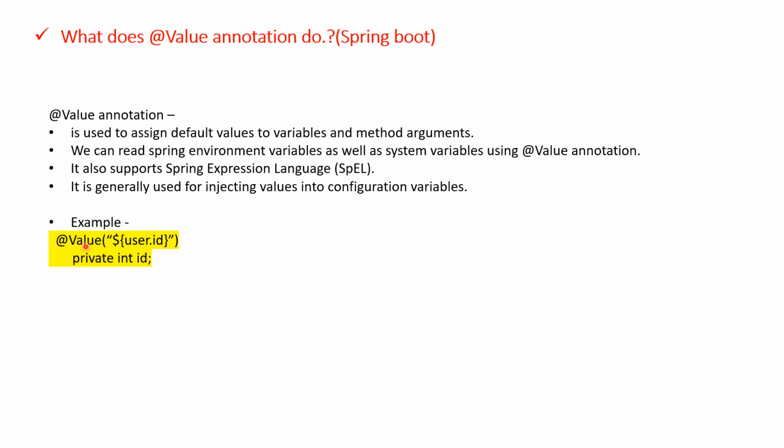So in the same way we have to declare, and on top of that we have to add this @Value annotation and the dollar symbol, all those things. This one, user.id, whatever you mention in the properties files, we have to give the same name, then it will import the value from that particular properties file.